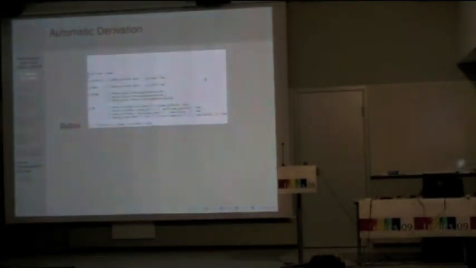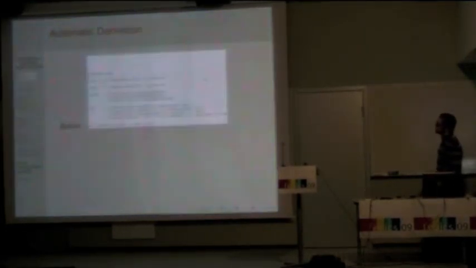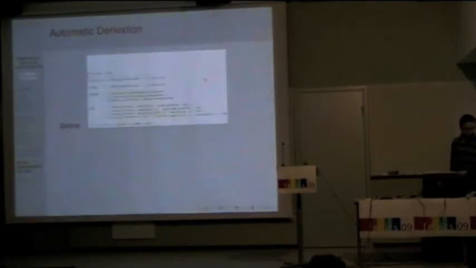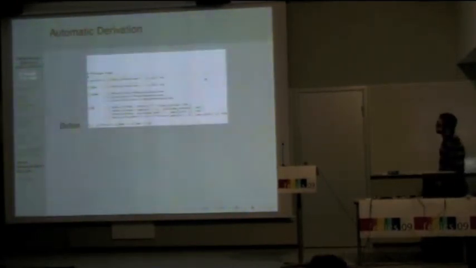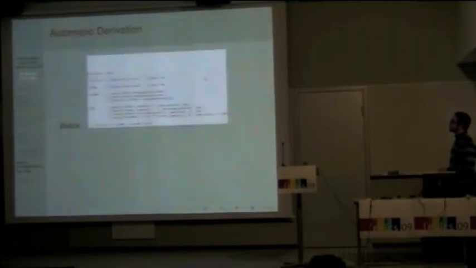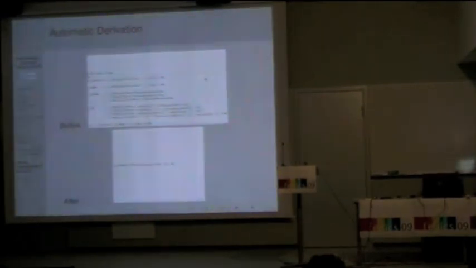The second thing I'm going to talk about is the automatic derivation. This is how the code looked like before, without using the automatic derivation, with the bilinear form written by hand, which is a process that can be error prone. And this is how the code looks like now.